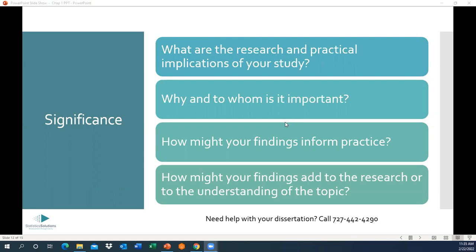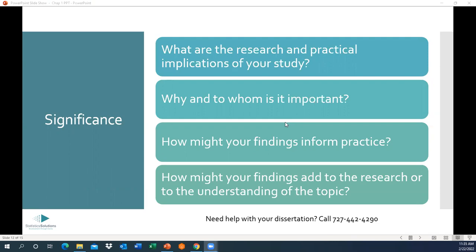What is it going to tell us that we don't already know? And again, you're not going to know exactly, but it wants you to forecast, right? To make a case for, this is important information. We need it because of what it's going to tell us. It's going to shed light on something in the research that we didn't know before. It's going to add extra depth or understanding.